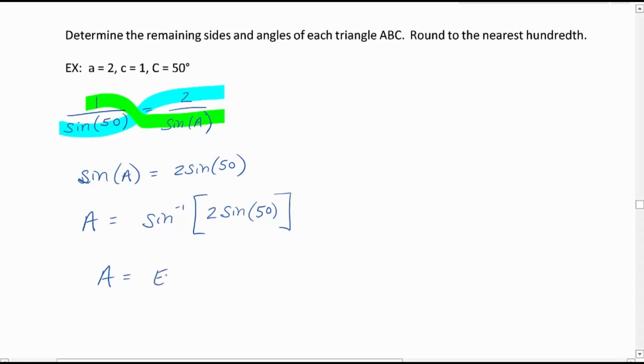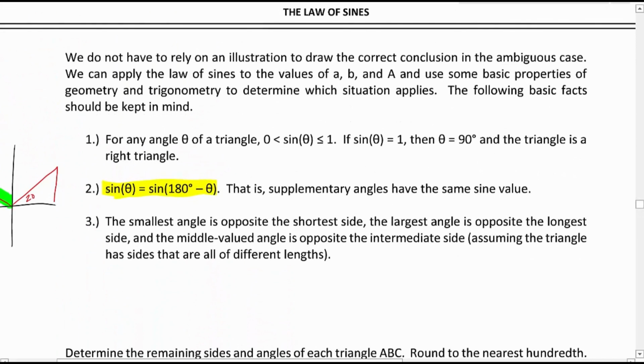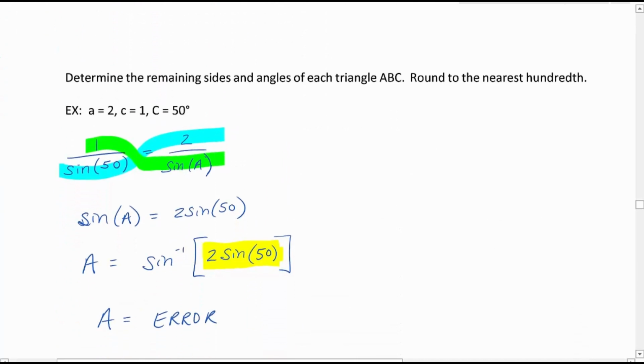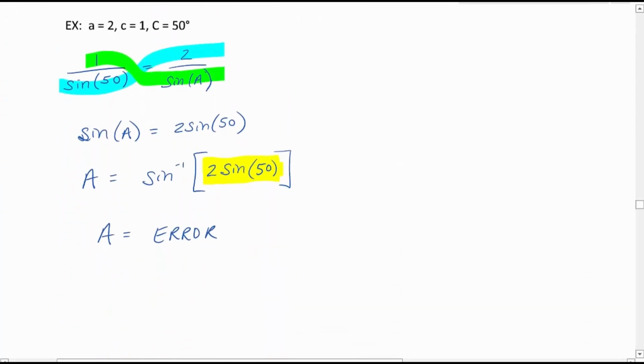We're getting an error from our calculator. See, we're getting an error from our calculator because this value right here, 2 sine of 50 degrees, is larger than 1. And our first property up here said that sine of theta has to be between 0 and 1. And that's what we're taking sine inverse of, so that's why we're getting an error.